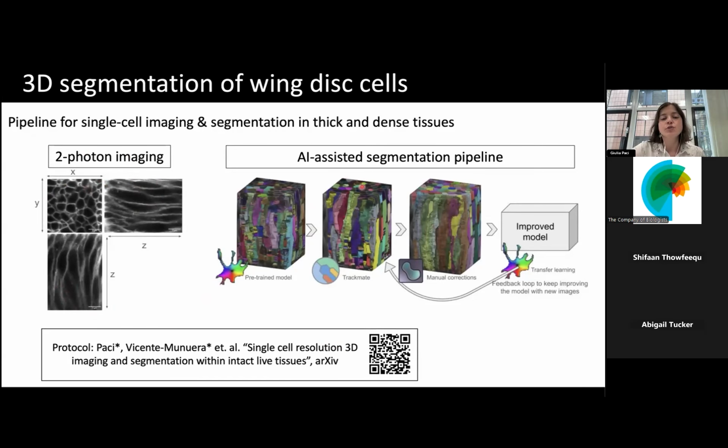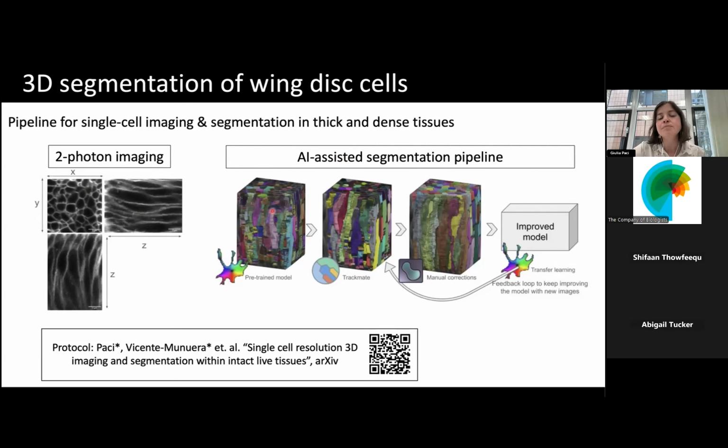And then in order to do the segmentation, we've created a pipeline that leverages several open access, very powerful tools such as CellPose, TrackMate, and Napari, and basically use them to have an AI-assisted segmentation that starts with pre-trained models and then steps to improve the 3D stitching of the cells.